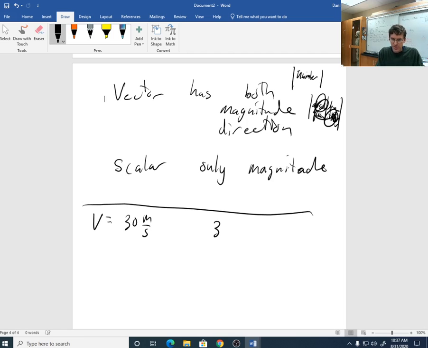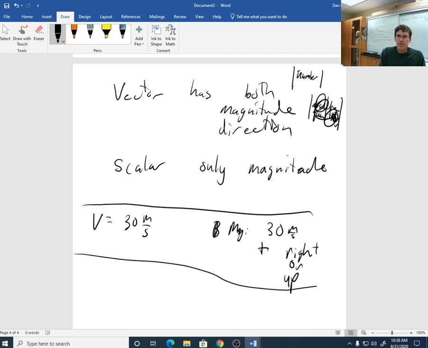The magnitude is 30 meters per second. What's the direction? Positive. There is no positive sign here, but it's understood to be positive. So it's to the right or up for us, depending on the scenario in the problem that it gave you. So 30 meters per second means to the right or up, depending on if it's positive.